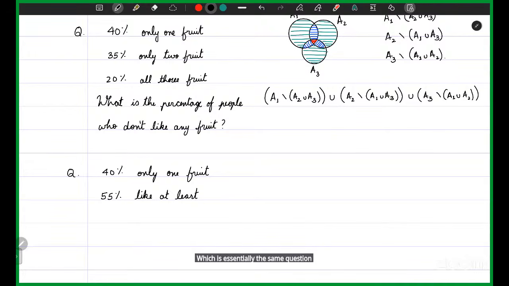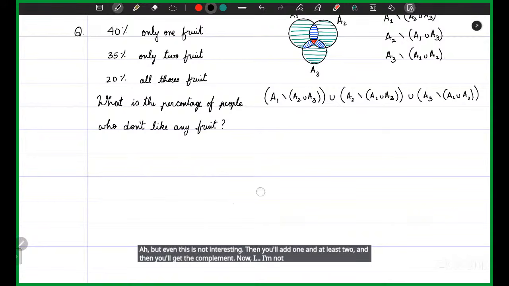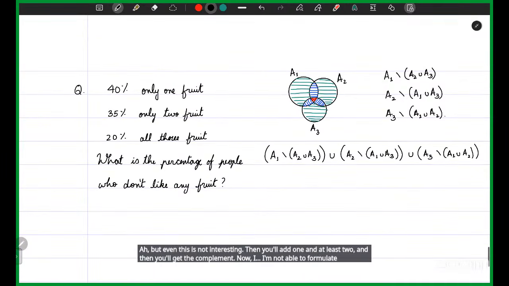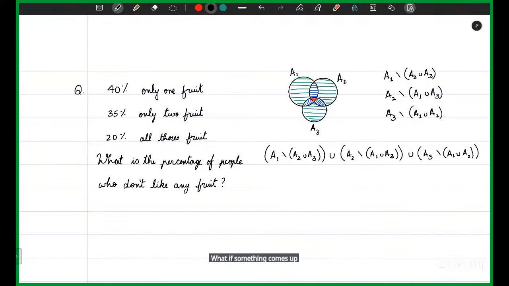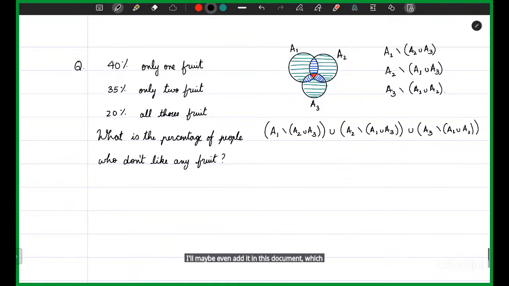But even this is not interesting. Then you'll add exactly one and at least two, and then you'll get the complement. Now, I'm not able to formulate a more interesting question on the spot, but if something comes up, I'll let you guys know, maybe even add it in this document, which will be shared with you.